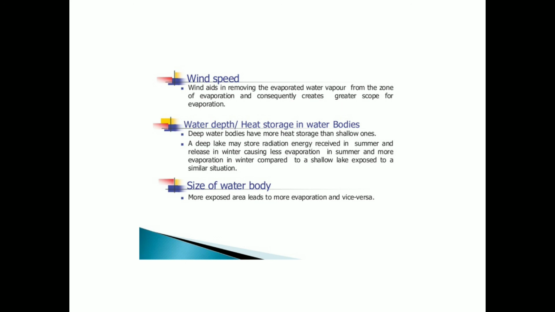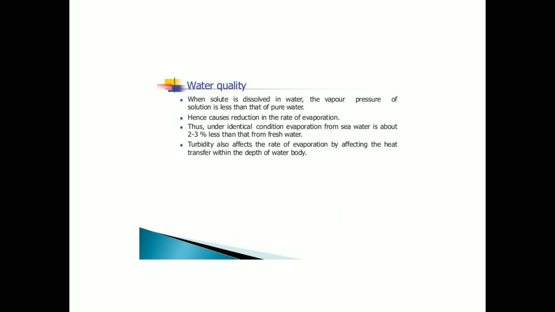So that's why in the morning the river water is warm as compared to the land beside the river. Size of water body: more exposed area leads to more evaporation and vice versa. So if the water body area is more, then evaporation is more.